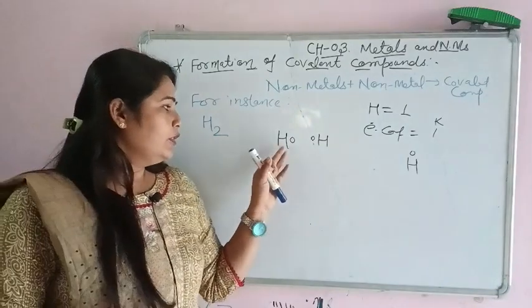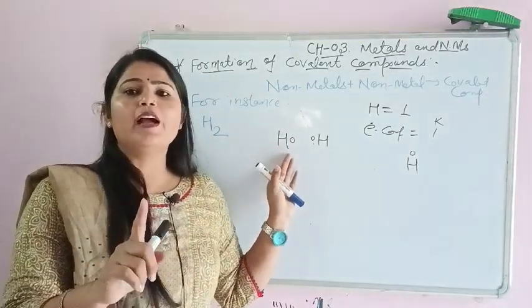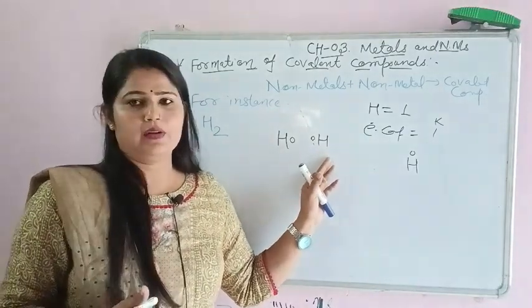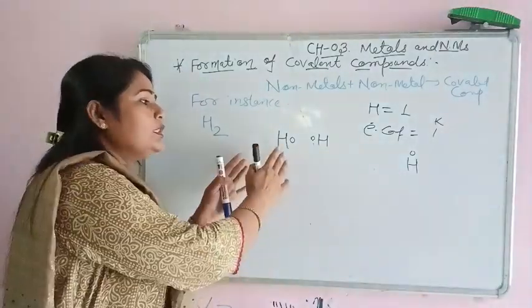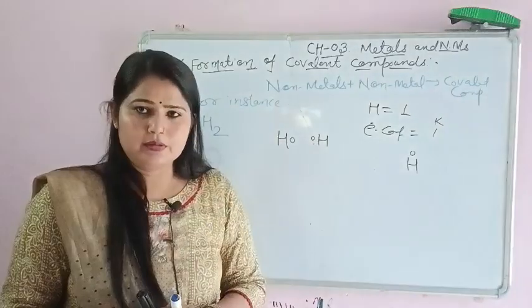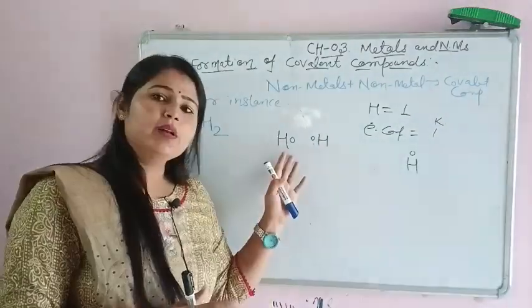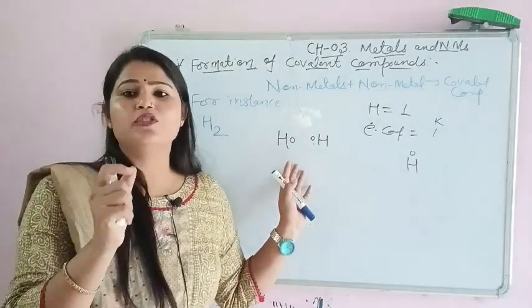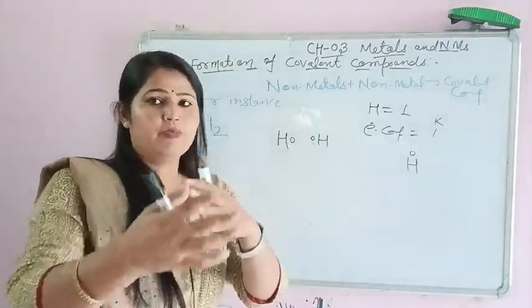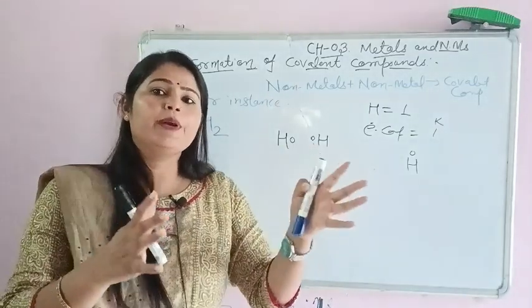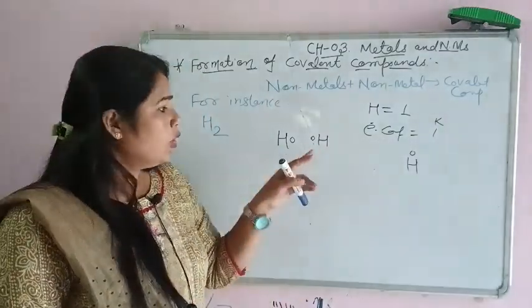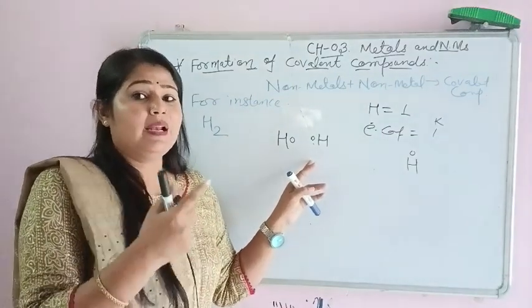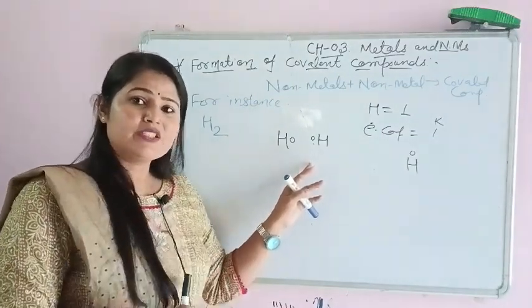Now this hydrogen contains only one electron, while this hydrogen also contains one electron. So this hydrogen wants to be stable. How can it become stable? Because hydrogen contains one electron, it requires one more electron from its neighboring element to complete its stability.